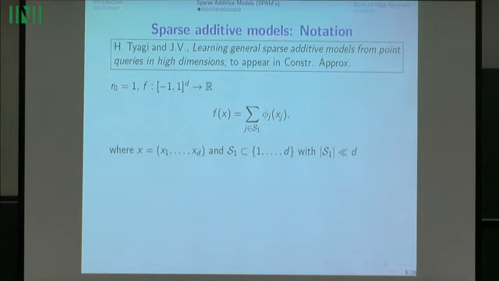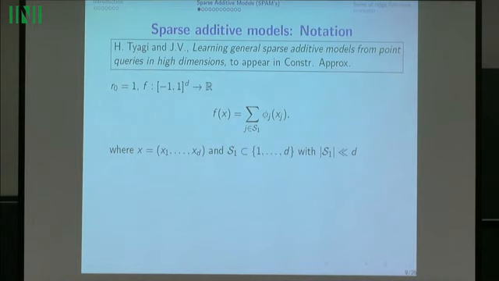So this is based on a joint work with Hemant Tyagi, which was just, well, a couple of weeks ago accepted in Constructive Approximation. So what would be additive models?